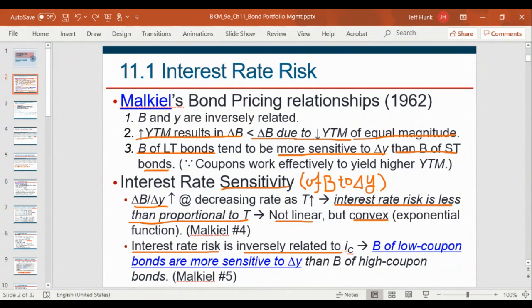So this topic, bond portfolio management, includes a lot of advanced concepts in bonds. And it also requires a foundation in calculus.